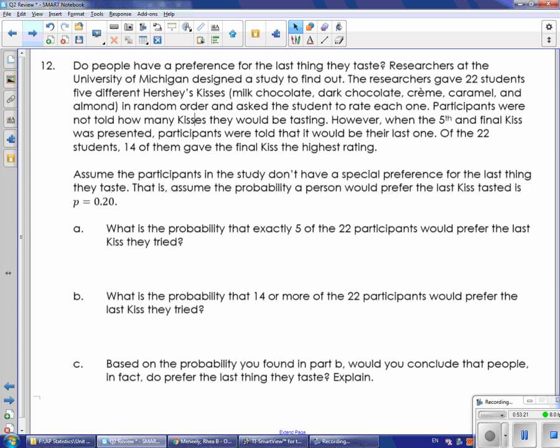I have to identify what my random variable is and what setting I'm dealing with and what probability distribution I'm going to use. So it's really important that we identify that we are looking at the number. So if I say that X represents the number who prefer the last kiss, and then I want to talk about how X is distributed.